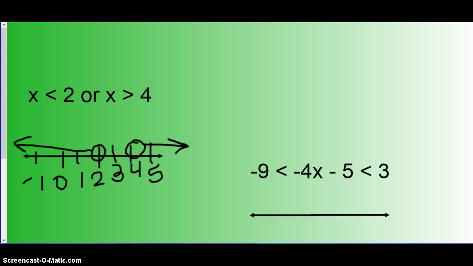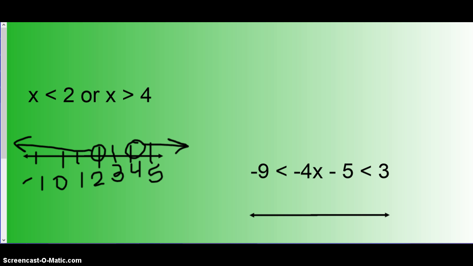We have a situation where we've got negative 9 is less than or equal to negative 4 times x minus 5 is less than 3. Notice the x is not by itself, so we need to do some moving around in order to solve this.